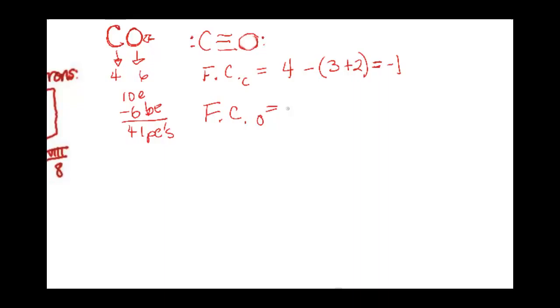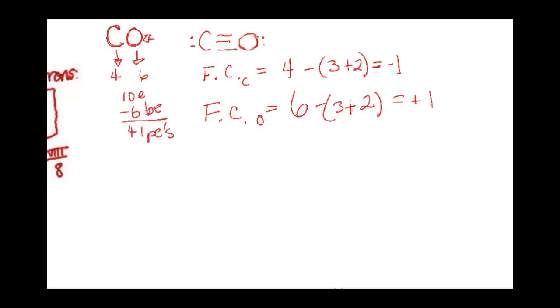So here, let's see if that's indeed true. We got 6 valence electrons, minus 3 bonds plus 2 lone pair electrons, equals a +1.